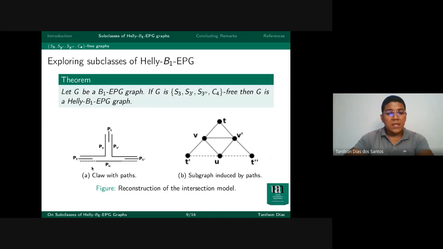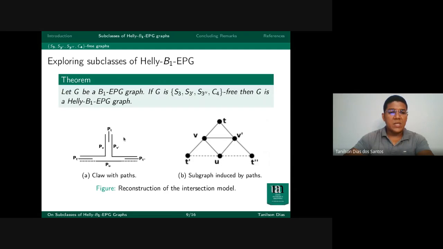So, in this representation, dashed paths correspond to optional intersections. An intersection can occur or cannot occur. The same occurs in this induced subgraph. Dashed edges correspond to optional edges that can occur between two vertices.